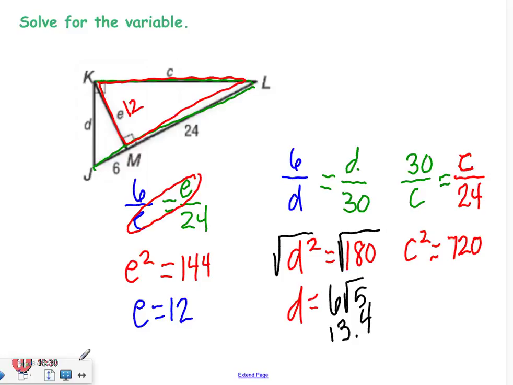So what's 12 squared? 144. What's 720 divided by 144? 5. Yep, 12 root 5, which is approximately 26.8.